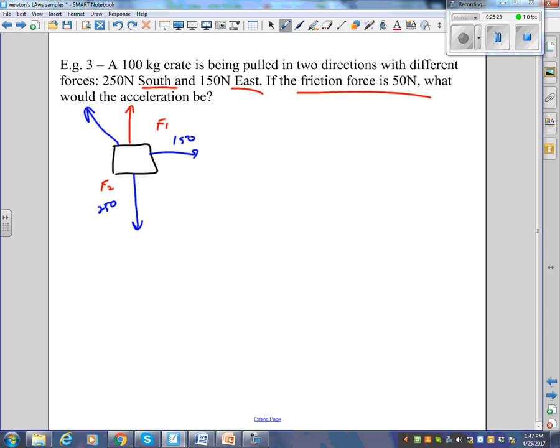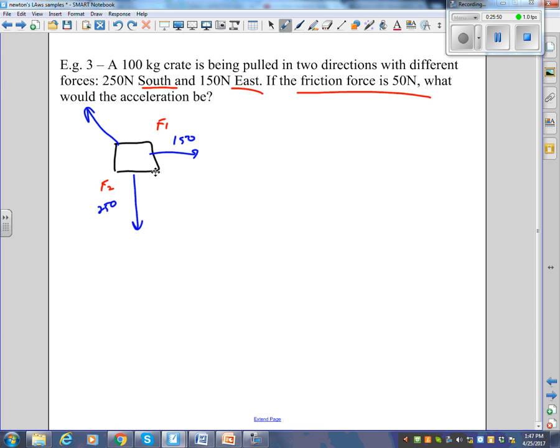Yes, you guys are right. Why is it that way? If this box is going to be pulled down this way and that way, which way is it going to go? It's going to go that way, and friction is always opposite the movement. So it's exactly like that. And you'll notice that the F2 is greater than the F1, so it's going to go more down than it is to the right, right?